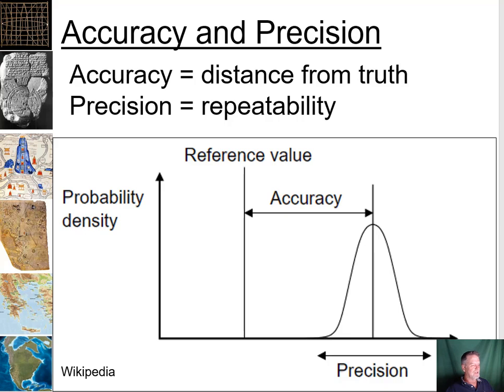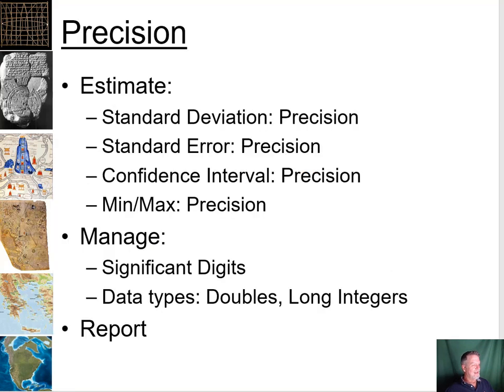Precision, again, is repeatability. Now, this is represented by this chart showing that if this is our distribution of the data, precision is going to be the width of the distribution. You might already see where I'm headed with this. Accuracy is going to be how far off truth we are. Estimating precision, most commonly by far, is standard deviation.